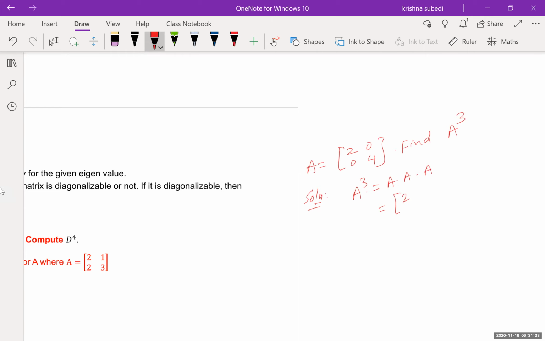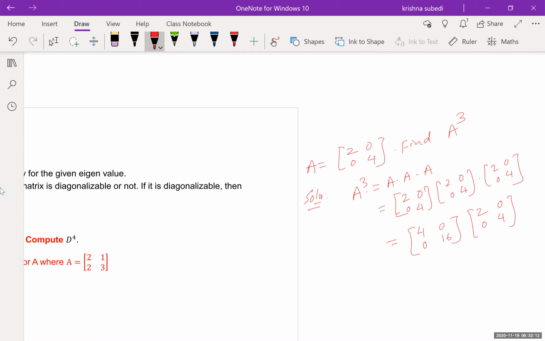So A is [2, 0; 0, 4] times [2, 0; 0, 4] times [2, 0; 0, 4]. Now you multiply the first two. Okay, guys, multiply the first two, let me know, and then we'll multiply the last one later. This will be [4, 0; 0, 16].